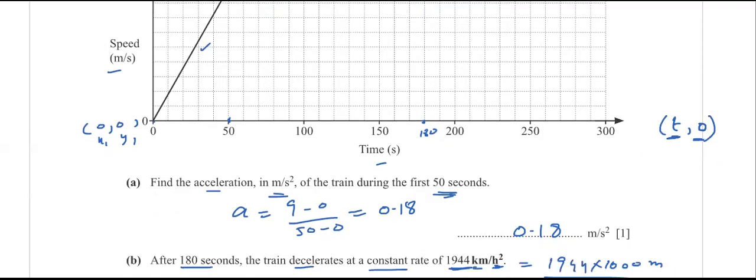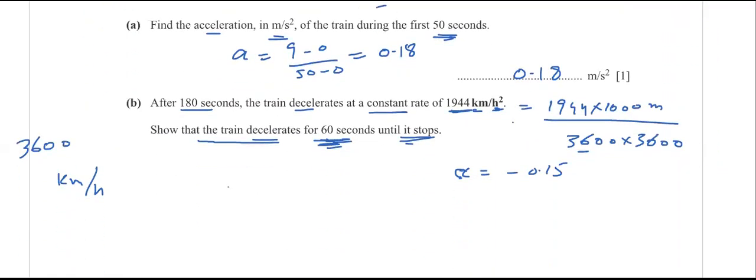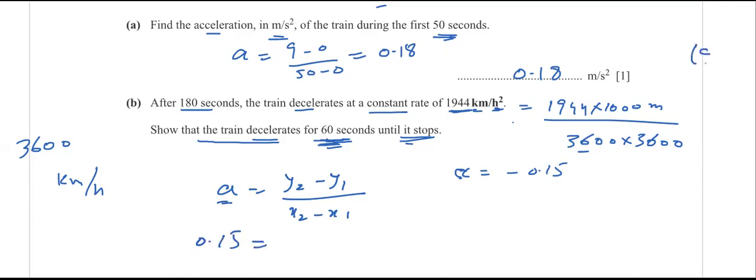So now if you apply the rule for the acceleration, I can say acceleration can be y2 minus y1. This negative sign is just showing that it is a negative value, it is decreasing. If you don't write it, no problem. Over x2 minus x1. It's given that this is 0.15. Y2 starts from 180, 9 and stops at t, so y2 is 0 minus y1.